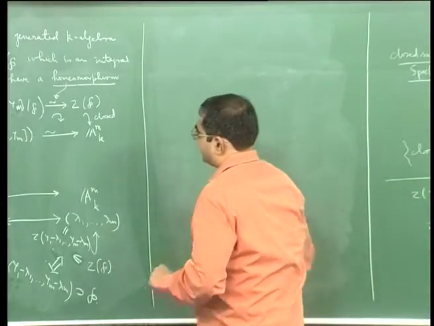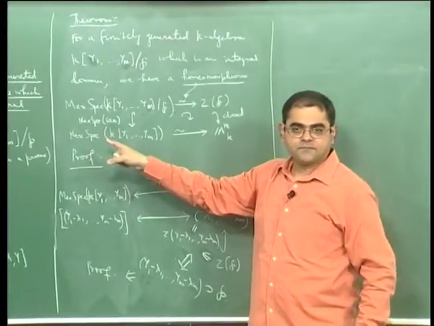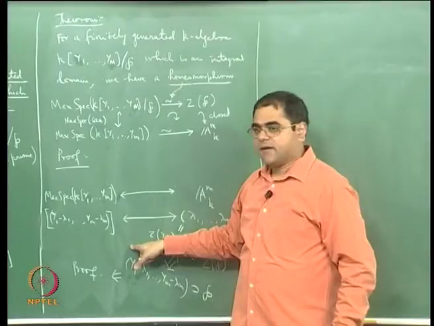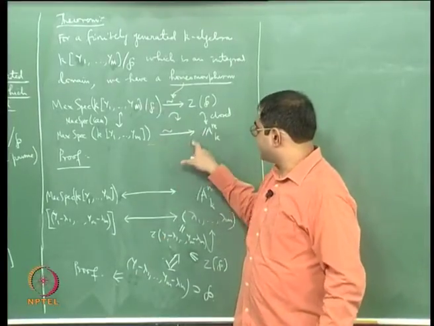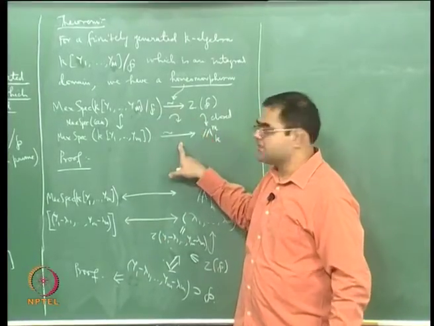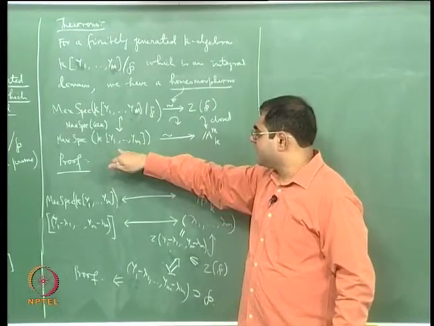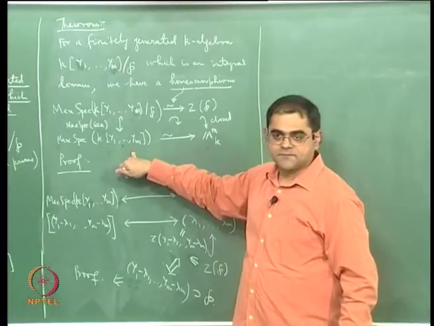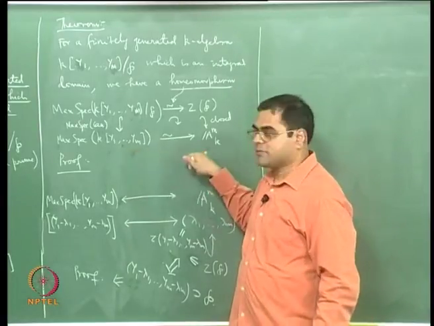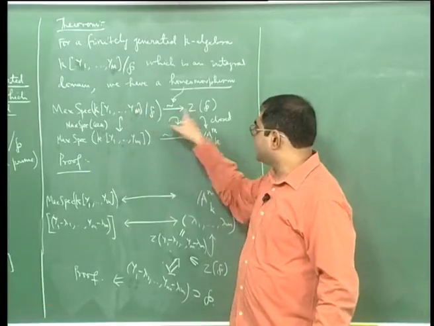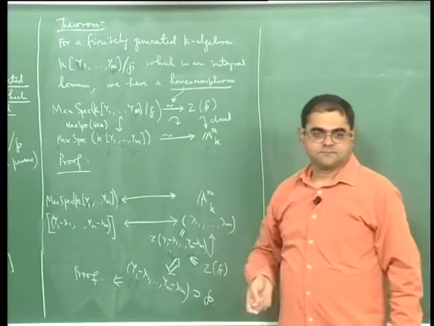It's very clear that I have this commutative diagram now, all right, because of what I explained. So you have this bijection, you have this bijection. This bijection is actually coming from here, and this bijection is the Nullstellensatz. I'll just show that this is a homeomorphism, okay. Once I show this is a homeomorphism, this is a closed subset, this is a closed subset, and it will follow immediately that this is also a homeomorphism, okay.